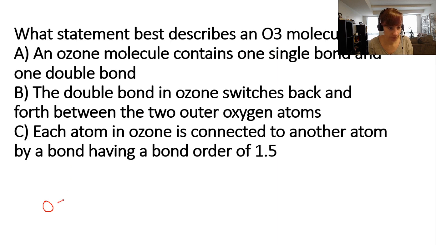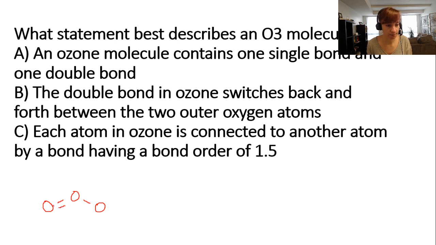So we have 3 oxygen atoms linked together. Okay, so oxygen prefers to have 2 bonds. It can have 3 and it can have 1, but 2 is ideal. But in this case, the most accurate structure of ozone is to draw a double bond here.